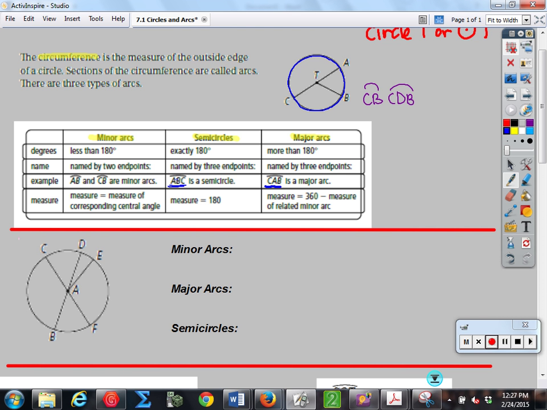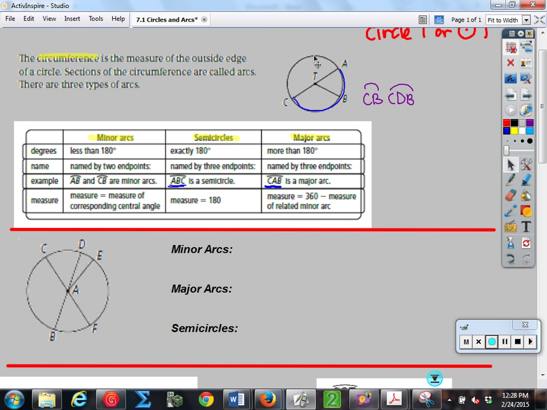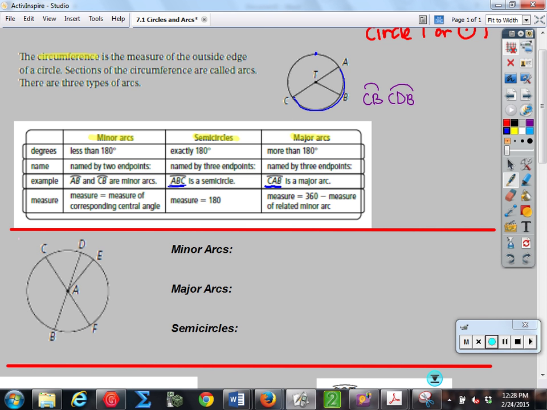So ABC. If there were no B, then you wouldn't really be able to name it. If it's asking you to name it, it would probably have a point there for you to name it. So like this one, ABC is that semicircle. And if I wanted to name the other semicircle, we'd probably need another point on there so that we could name it by something else. I'll put D as something else instead of that one.